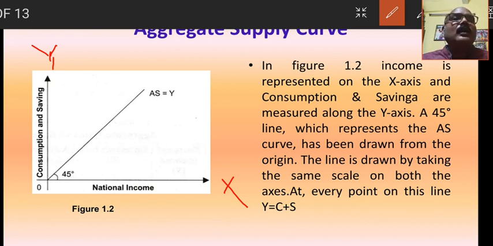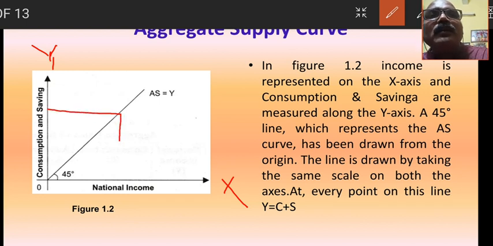Now according to the Keynesian model, aggregate supply is equal to consumption plus saving. So whatever the value of consumption and saving, the national income will have that value. So if it is a 45-degree angle, for example I take a value, suppose this is our income level, suppose here 200.